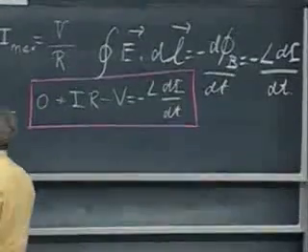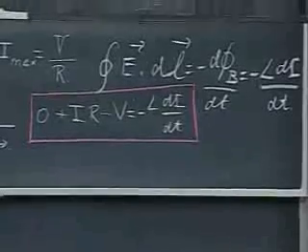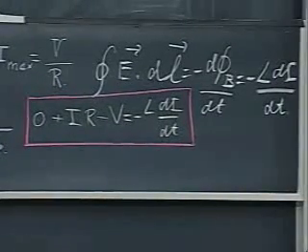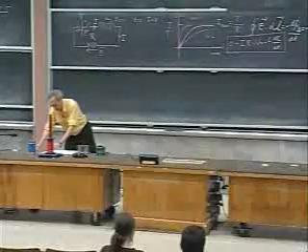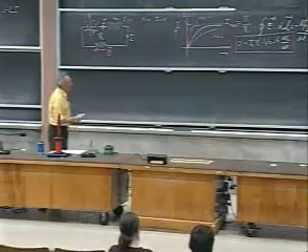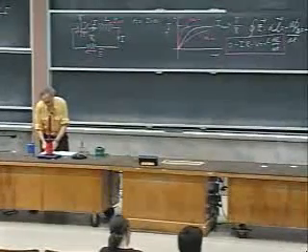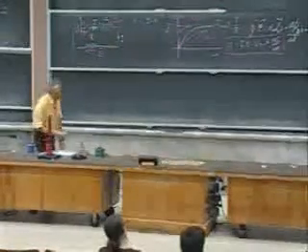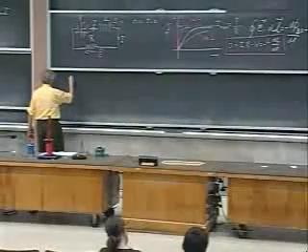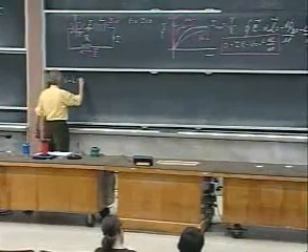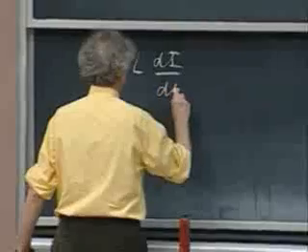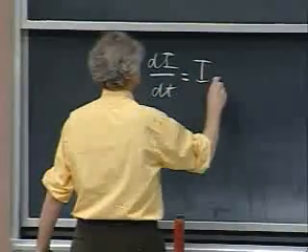You can write it a little differently, which may give you some insight. For instance, you could write that I can bring V and L di/dt to one side, so I can write down that V minus L di/dt equals IR.